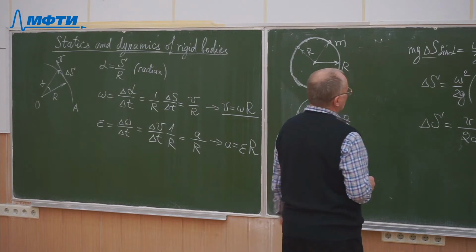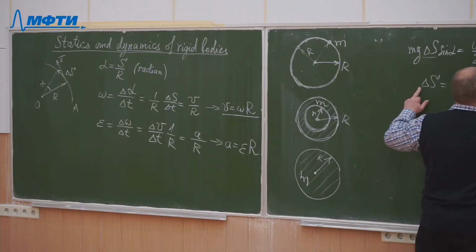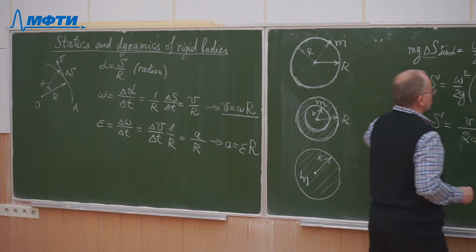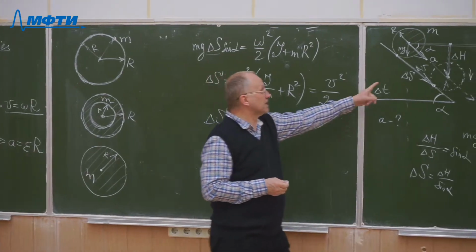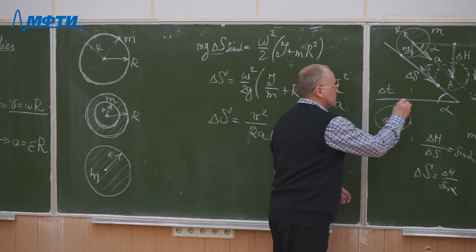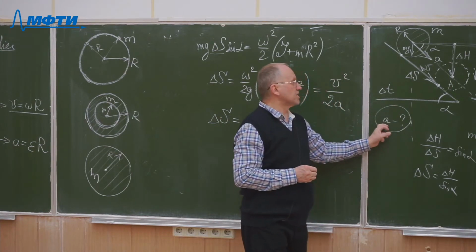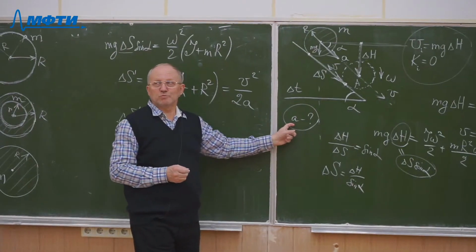So if we use this formula here, then that will be v squared over 2a. That's very good, because a, the acceleration of the center of mass, is exactly what I need to find in this problem. The question is, what is the acceleration of the center of mass? I have to find this acceleration. This is my purpose.